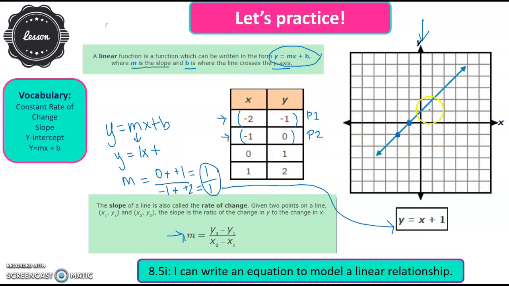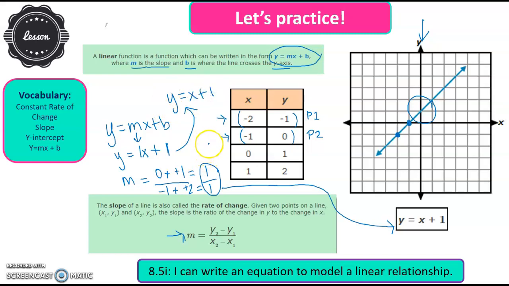So where does it cross our y-axis? Right here, which is just that 1 right there. So we've got y equals 1x plus 1. And 1x isn't how we normally say it, because 1 times x is just x. I ran out of room down here, so I'm going to draw an arrow up here. That is where that y equals x plus 1 came from.